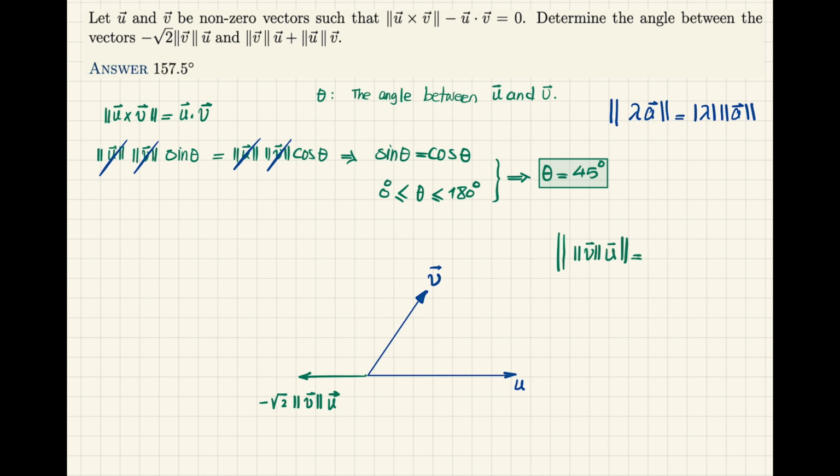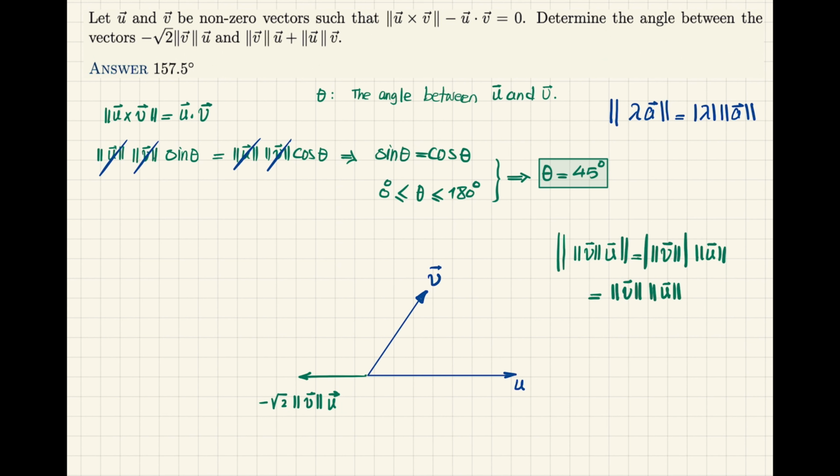So this becomes the absolute value of the number, which is the norm of v, multiplied by the norm of my vector. But I don't need the absolute value because the norm of a vector is positive here, so this becomes norm of v multiplied by norm of u, yes? So this is a number, and I got that.